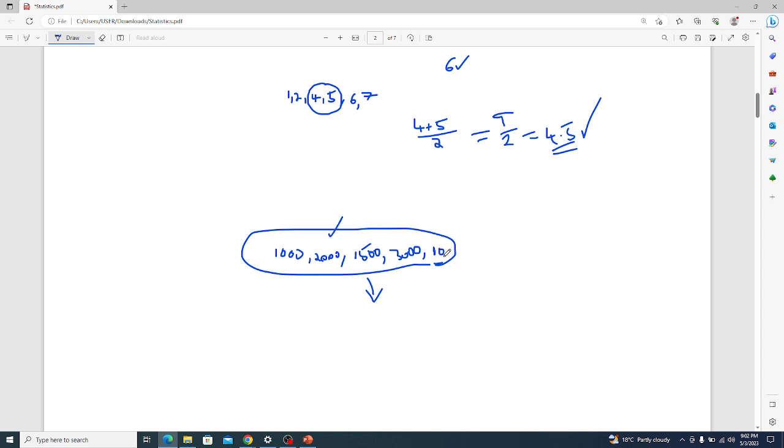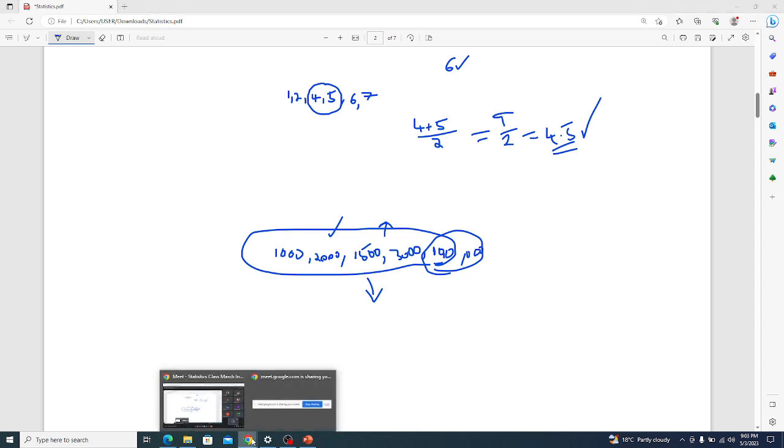What about if this was 100,000? Of course, it will also affect our mean, and the mean will tend to go up. All right, good.